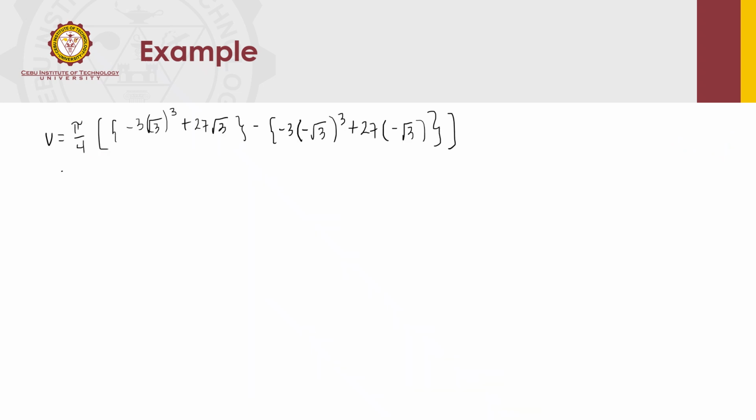That's pi over 4. And then we have negative 3 times the cube of square root of 3, which is 3 square root of 3, plus 27 square root of 3, and minus negative 3 times the cube of negative square root of 3, which is negative 3 square root of 3, and then minus 27 square root of 3.